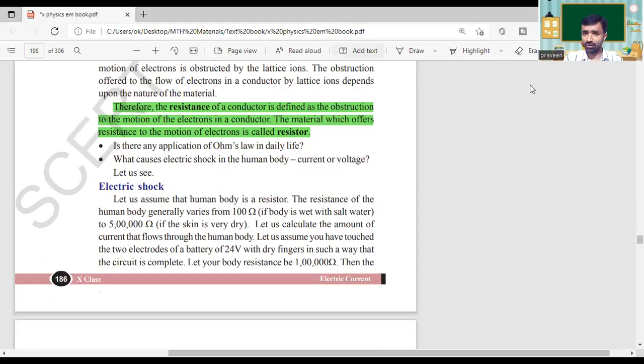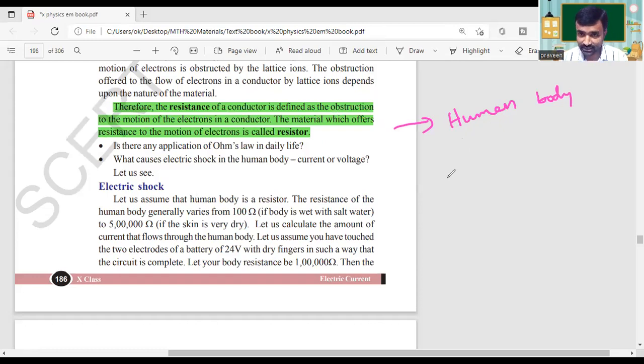Our body also has some resistance. The human body also has resistance, not to be confused with immunity power. That is different. Towards electricity, that resistance we call human body resistance. That means your body also obstructs the flow of charges.